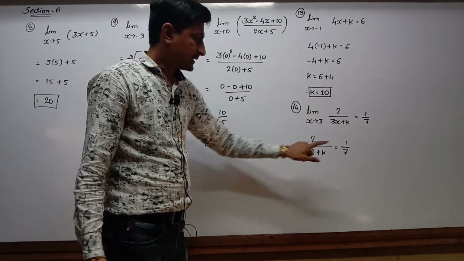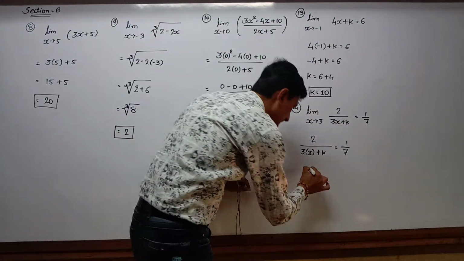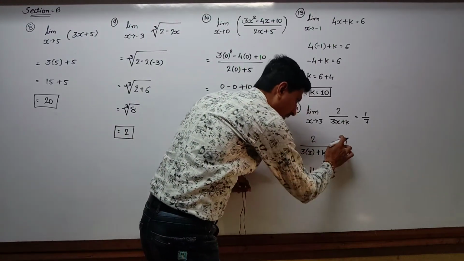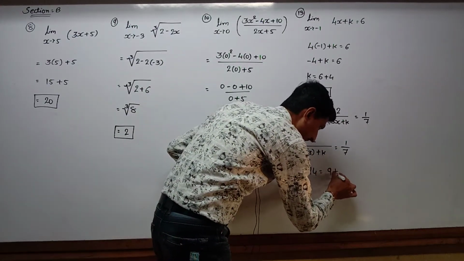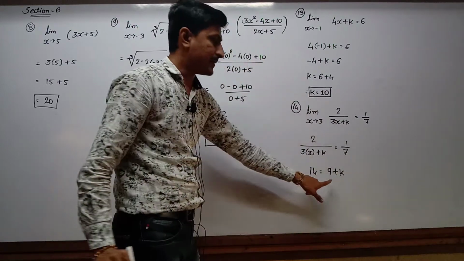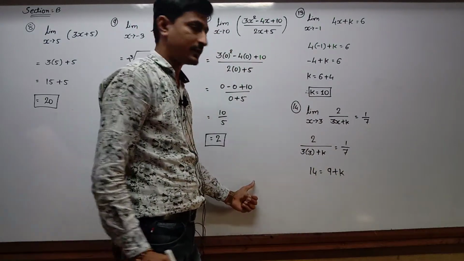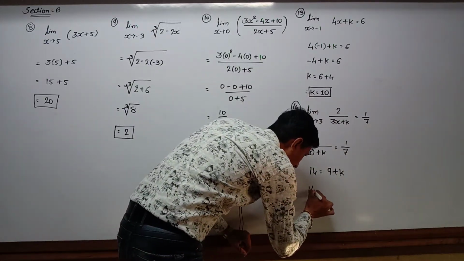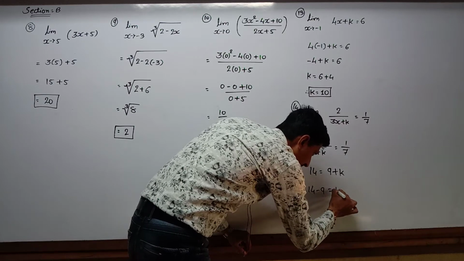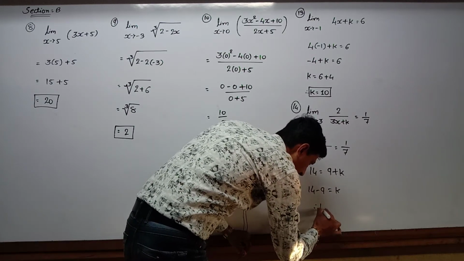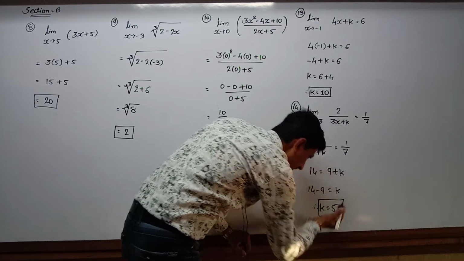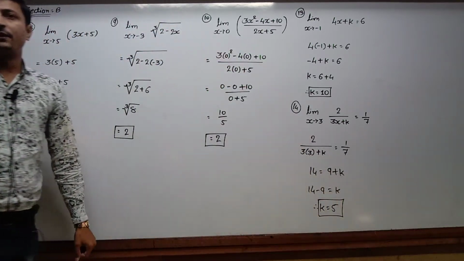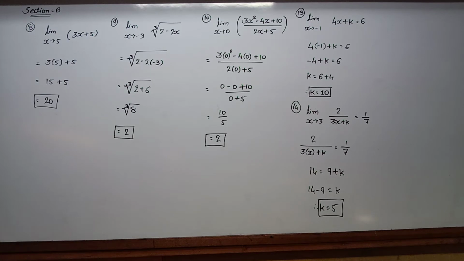Cross multiplication: 7 into 2 is 14, 1 into (3 threes are 9) is 9 plus k. 9 positive, transferred to the left hand side becomes negative. 14 minus 9 is equal to k, therefore the value of k is equal to 5. Okay, so you have completed Section B.